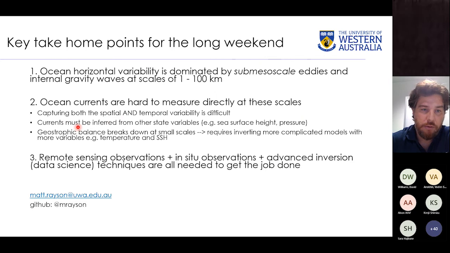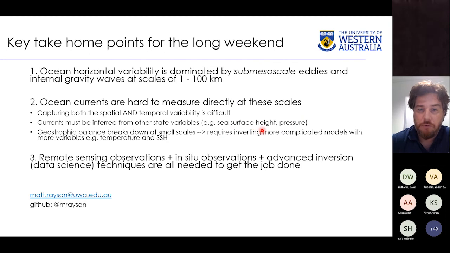So the currents really must be inferred using these other ocean variables like sea surface height or surface waves. And I guess the other thing to note is that these simple balances, or simple models, tend to break down at smaller scales.